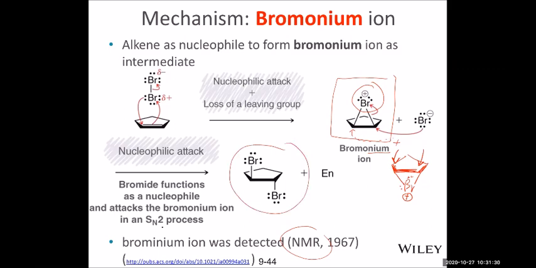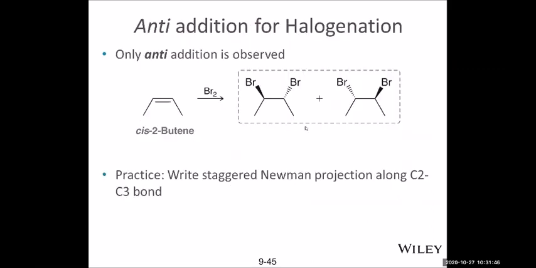It is very similar to the SN2 process. You form a bond, and then another bond breaks. So the bromonium ion intermediate gives you the anti-product. So the anti-product, we get this.